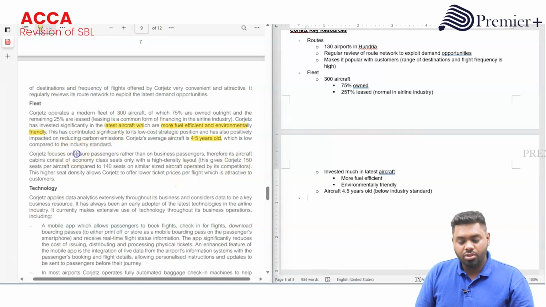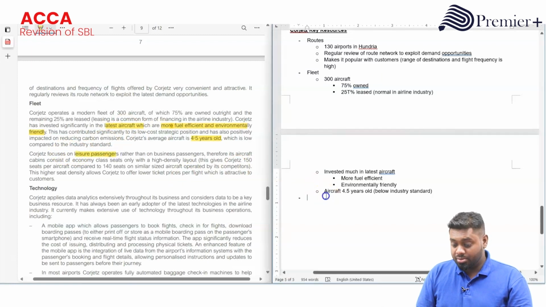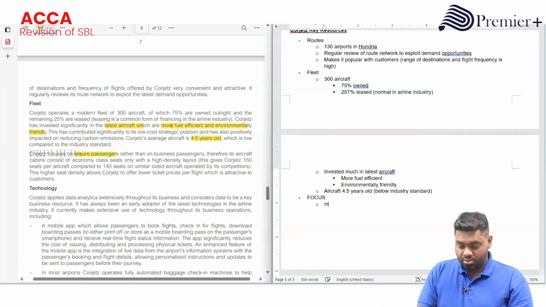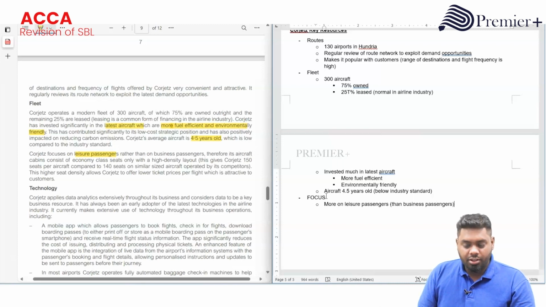Cojet focuses on leisure passengers rather than business passengers. Right. Therefore, its aircraft cabin consists of economy class seats only with a high density layout.